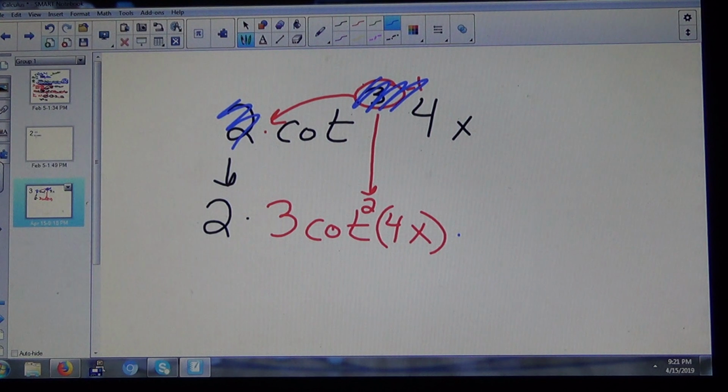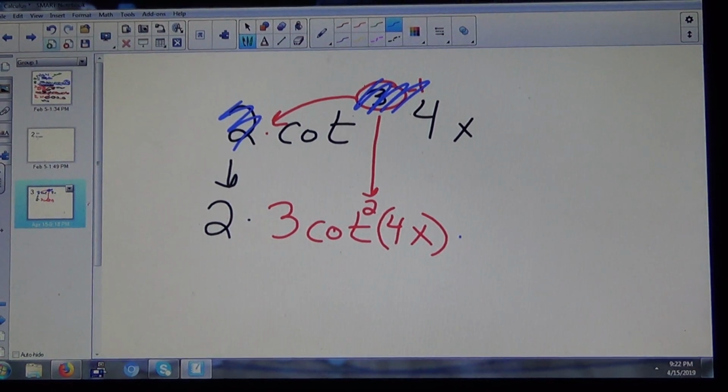Cotangent. Shoot, I should have written these down. The derivative of cotangent, it's under this book here that I'm going to mess the camera up with, so give me 2 seconds.